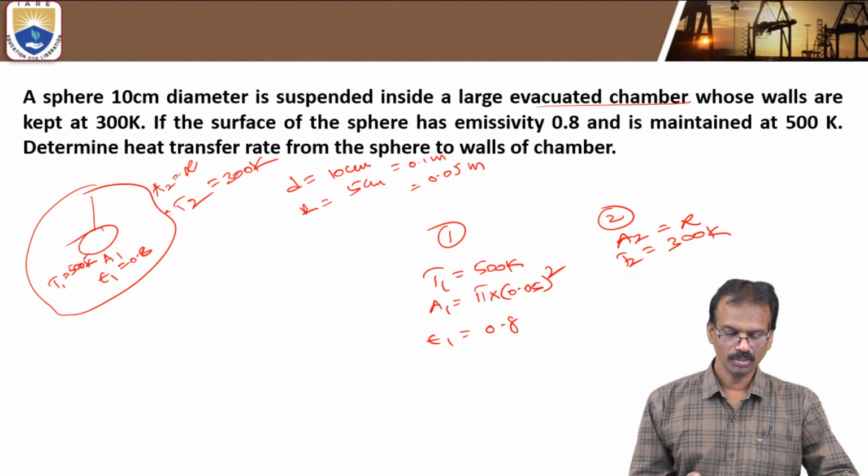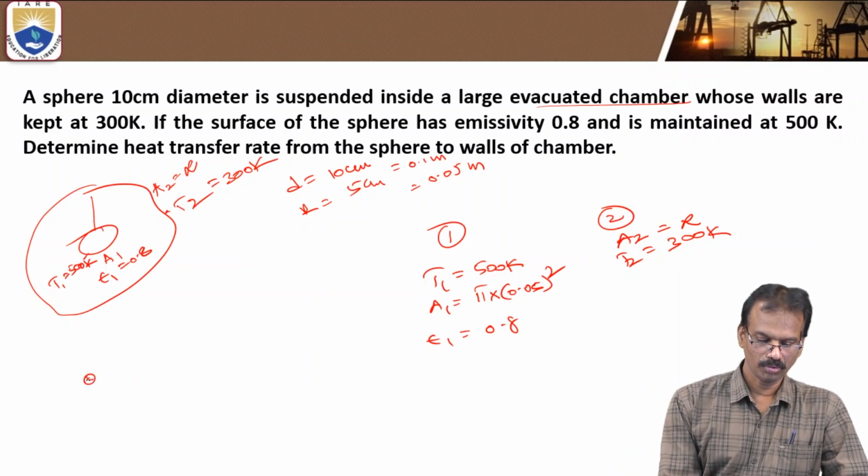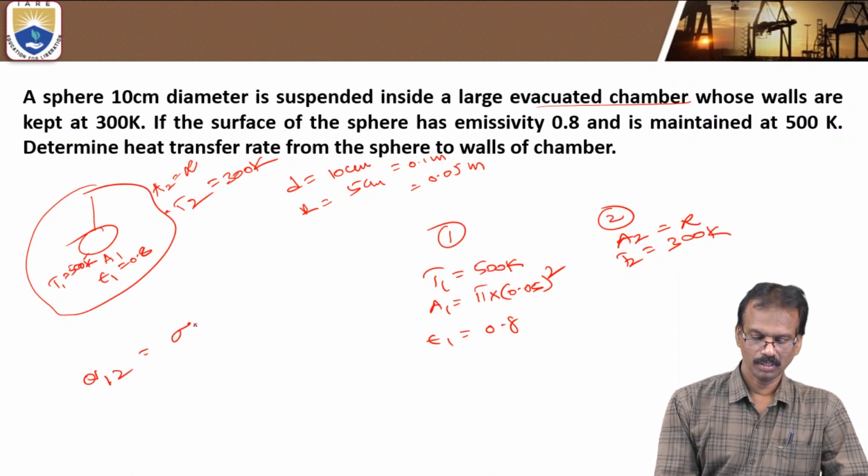So for this one, we know the formula: Q1 to 2, the rate of heat transfer from the small body to the big enclosure, is sigma into area A1 into epsilon into T1 to the power of 4 minus T2 to the power of 4. This is the formula.